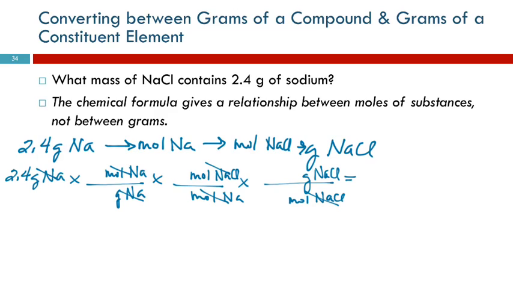Why do you have just 2.4 grams of sodium in the beginning? Because that's what it gave me up here. I mean, 2.4 grams, you just have 2.4 Na, not NaCl. Right, because we're trying to find the mass of sodium chloride that would have 2.4 grams of sodium.